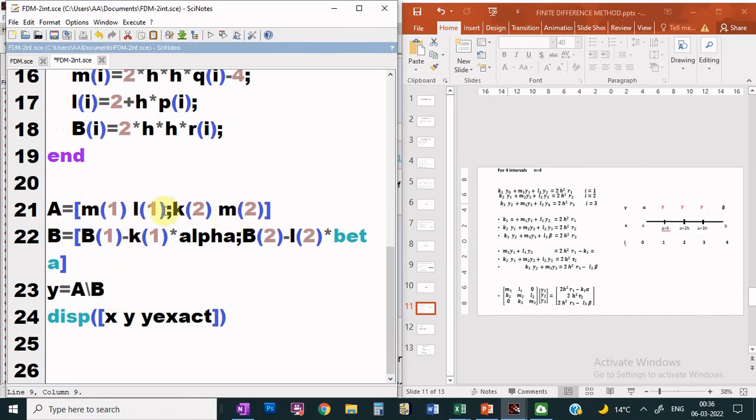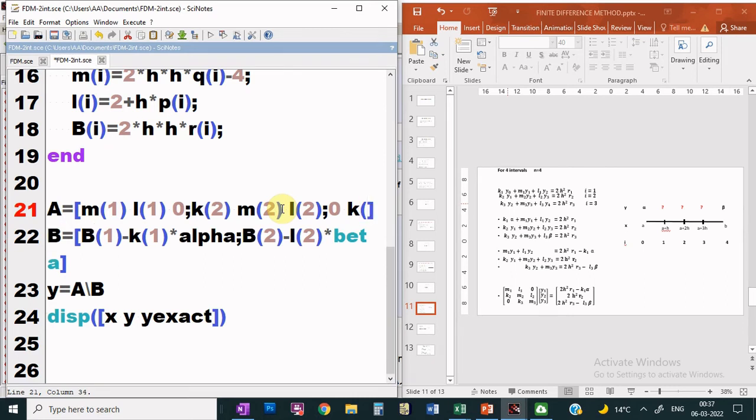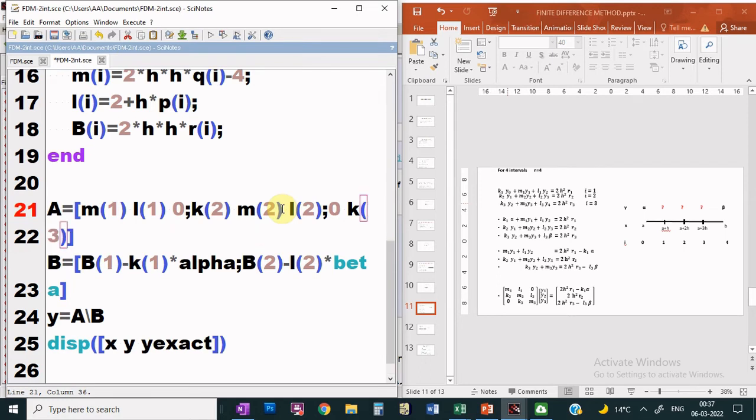Then we make the corresponding change in matrix A and matrix B. So I have to add this, and then the third row elements will be K3, not K2, and then M3.